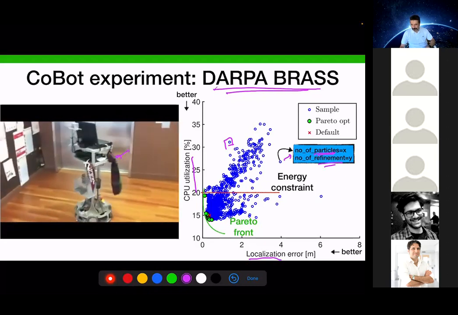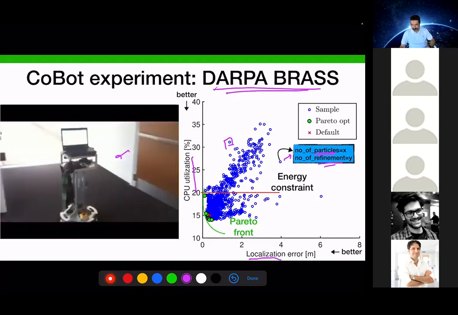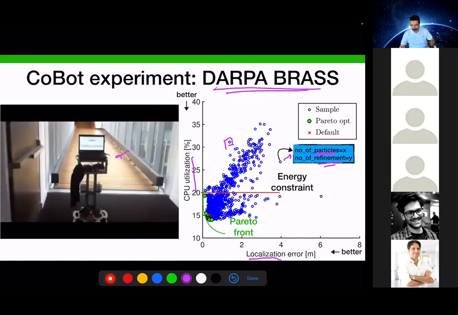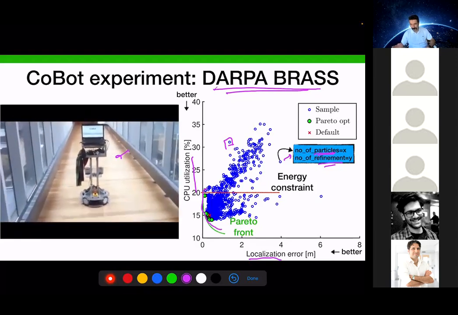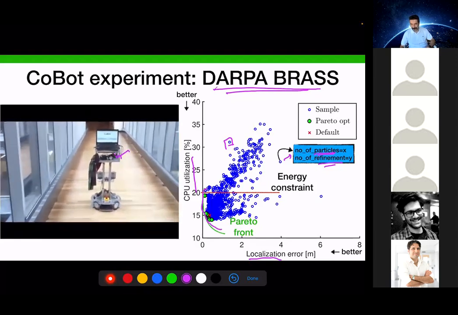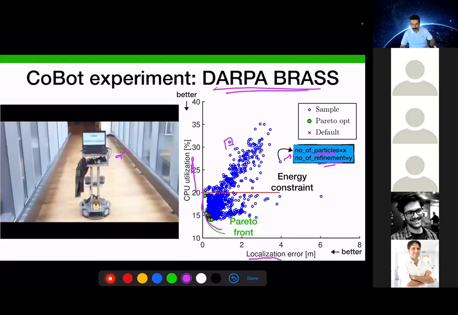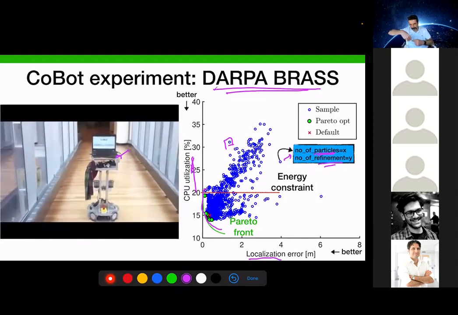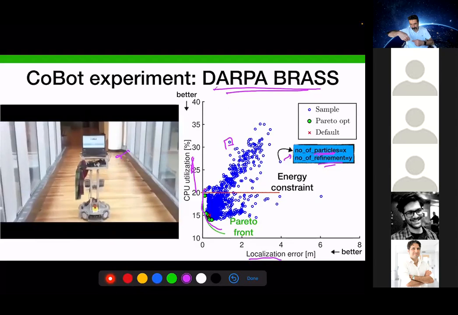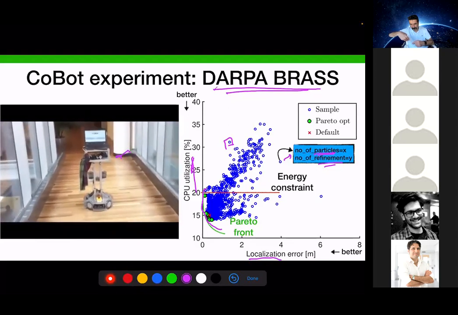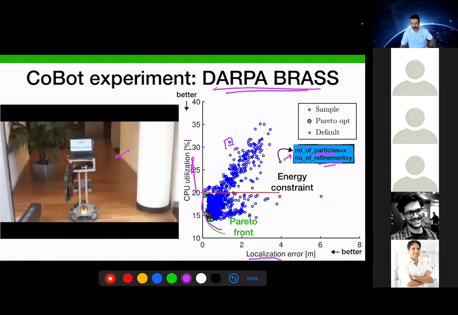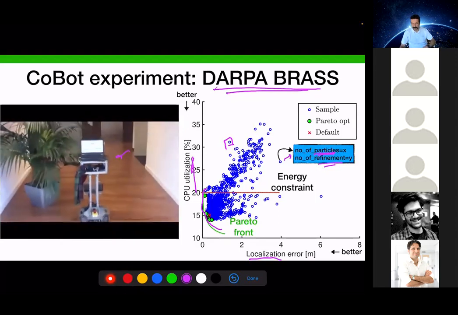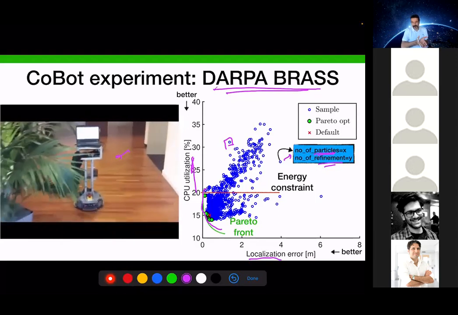In this scenario, one may be interested in finding configurations that are Pareto optimal with respect to both localization error and utilization, because we want to decrease energy for localization. We don't want to run out of battery on this robot. At the same time, we would like to be accurate enough, right?